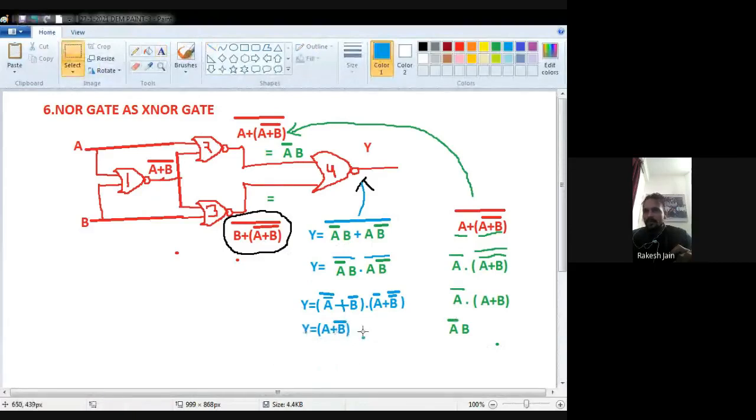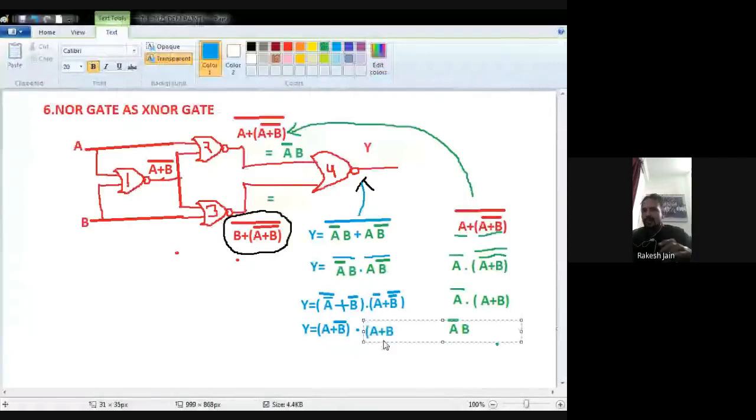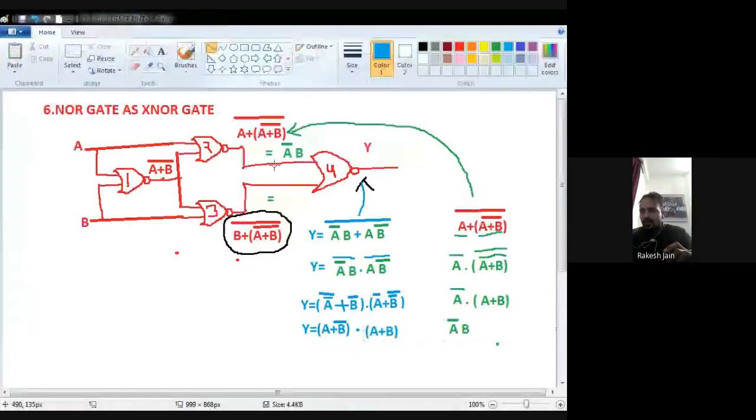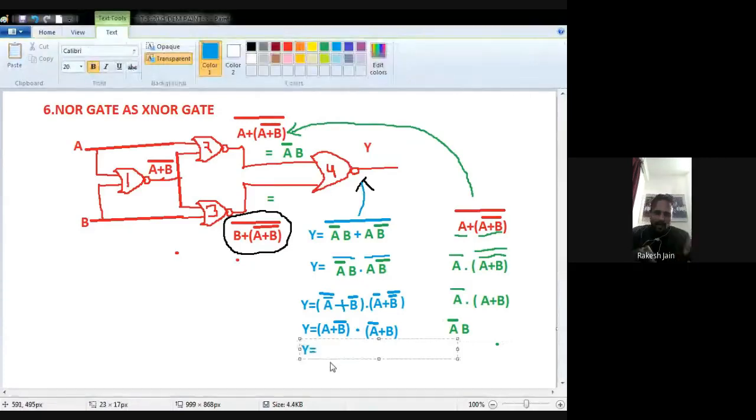Now see, bar to bar will be cancelled out. So first A bar to bar will be cancelled out and it will be A, and second plus B bar, having A bar as it is, so B bar having A bar, then dot will be there as it is, then A bar plus, bar to bar of B is cancelled out.